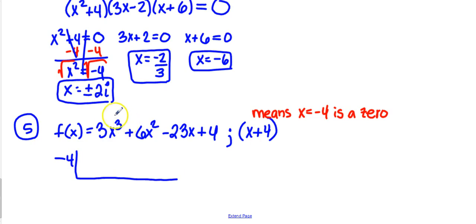Continuing on with you, 3, 2, 1, 0, no placeholders needed, so 3, 6, negative 23, and 4. Drop the 3, negative 4 times 3, negative 12, add straight down, multiply, add, multiply.